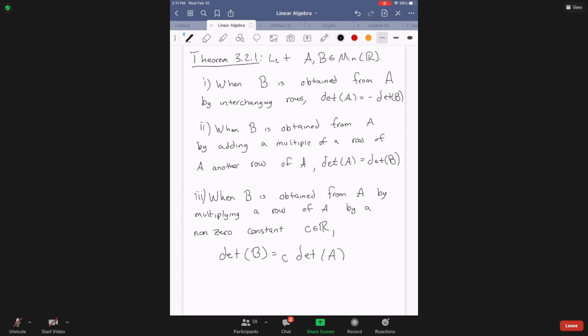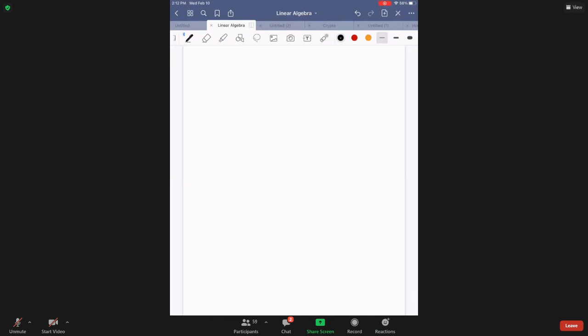So now that we know a little bit about the relationship between a matrix and a row equivalent matrix, let's actually try to see how we can apply this to an example to reduce the time we need to find a determinant. So let's see. Example 3.2.1.